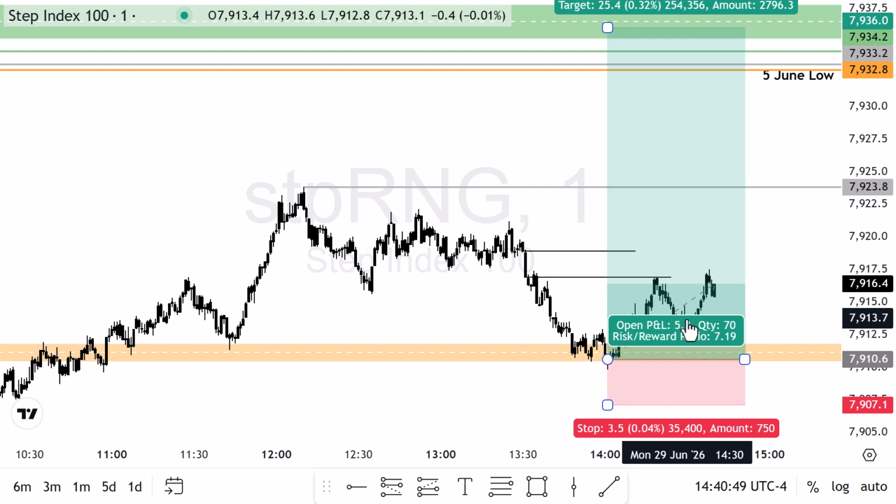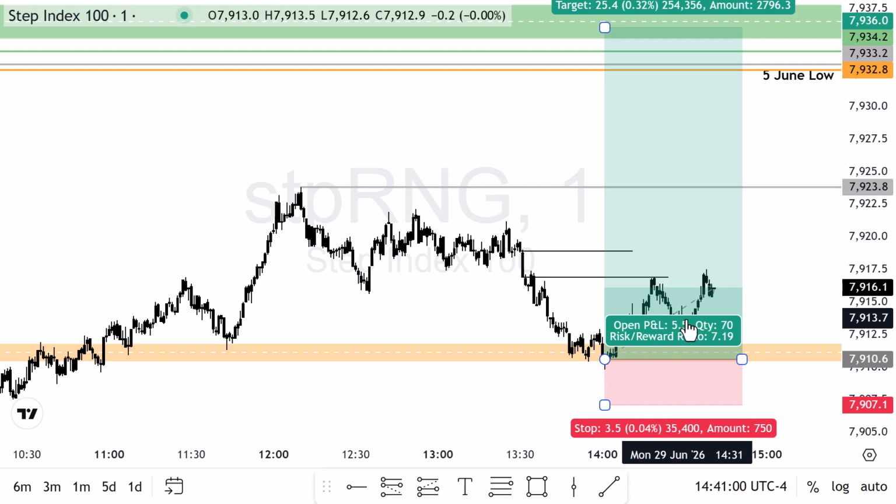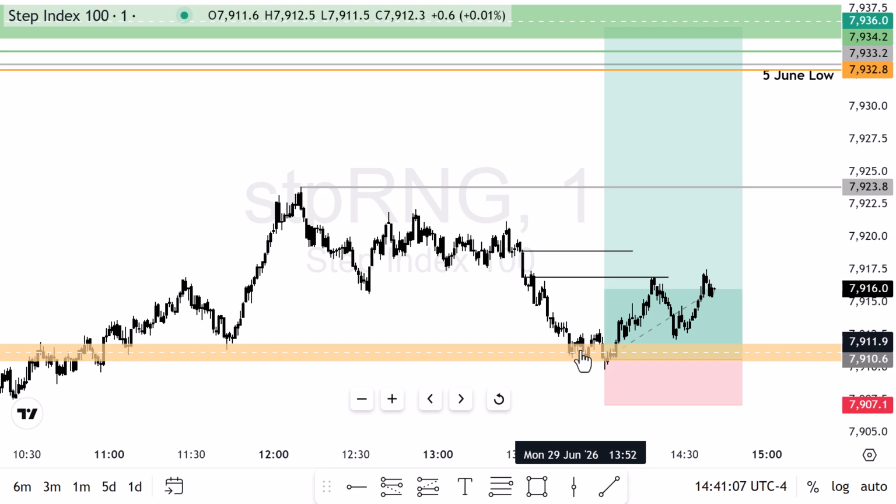Okay, I hope that we are understanding each other when we are talking about the weekly range. So we have created a low, and we are moving away from that low. This is the price action that I want to see when we are delivering those particular sessions.